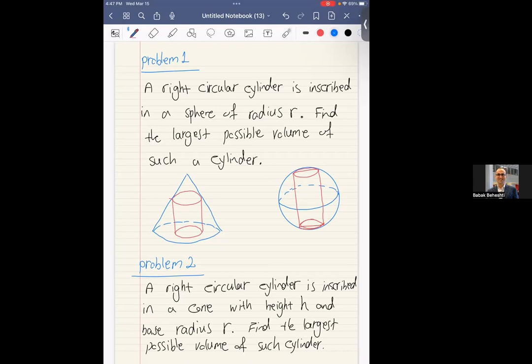But this time you have the height of the cone, which is h. So the height of the cone is h, and its radius is r. For the sphere, the radius of the sphere is r. The question you have to answer is to find the dimensions and the largest possible volume of such cylinder. So for these two problems.